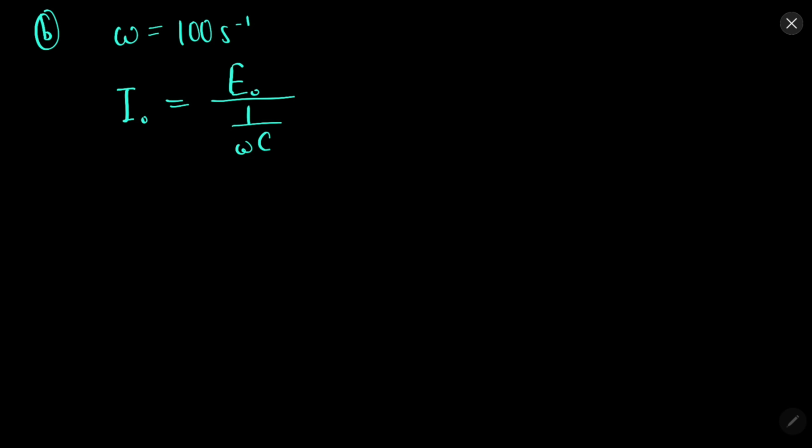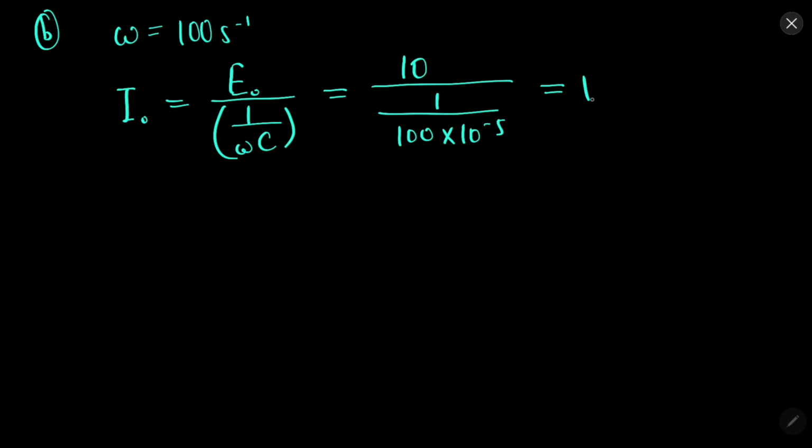B part. Now omega is 100 per second. So I0 equal to E0 over 1 over omega C, 10 over 1 over 100 into 10 to the power minus 5, 1 into 10 to the power minus 2 ampere.